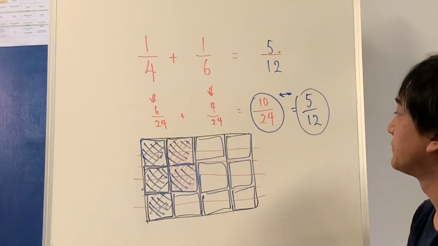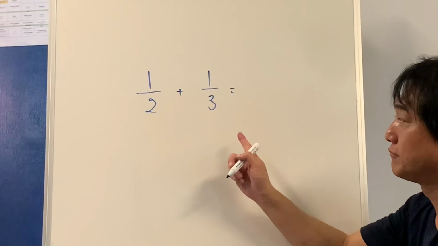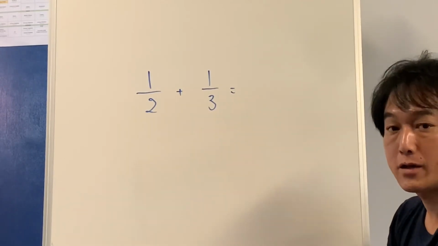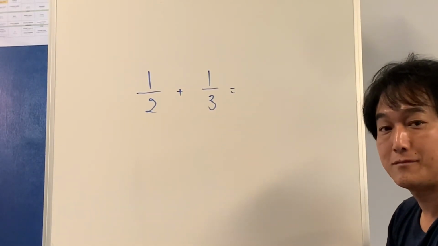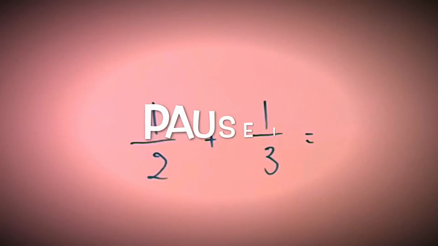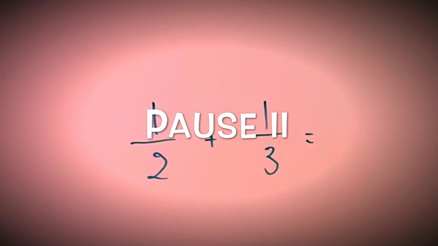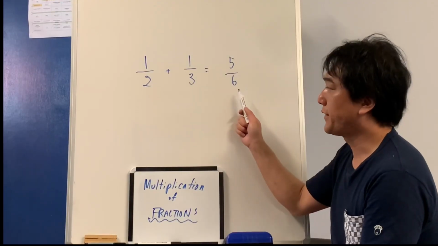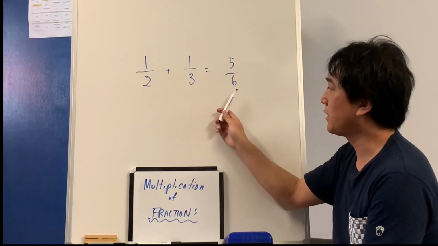So let's go back to the beginning. How can we find the answer? Let's pause the video. Can you find the answer? So we've done this. 1/2 plus 1/3 is 5/6.